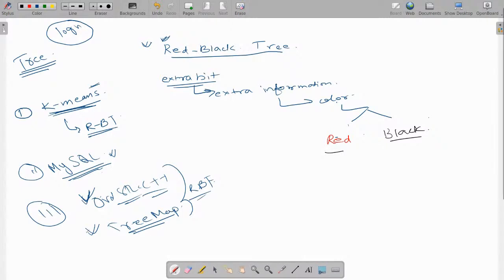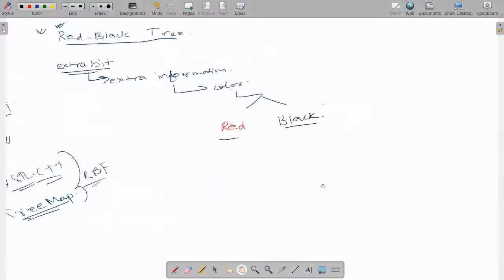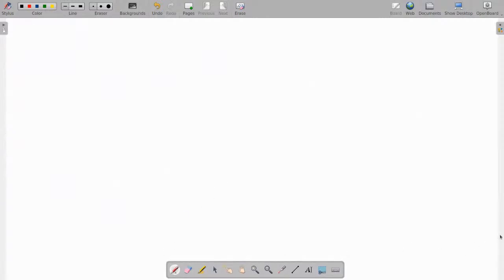Let's see what are the properties that we need to know, what differentiates a red black tree from a normal AVL tree. Okay, so let's discuss the properties now.